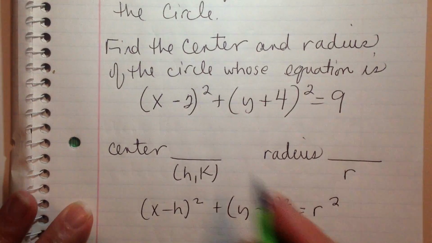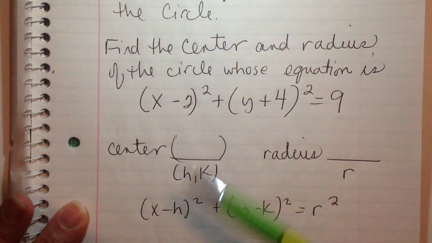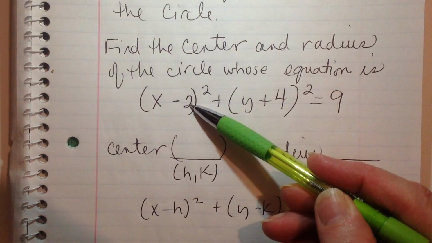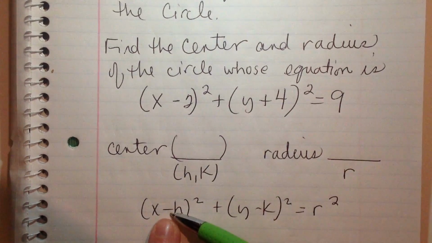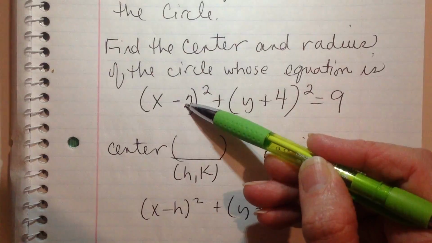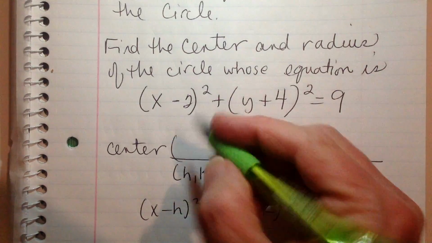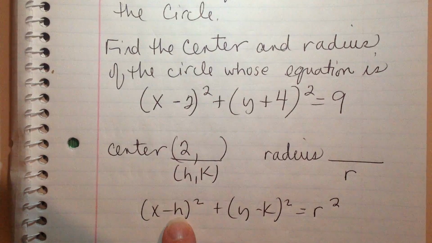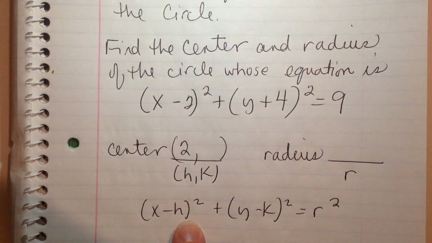Now, remember what I just said. When a number is plugged into the formula, it changes to its opposite because of the minus sign. So if I have negative 2 in my formula, when it comes out, it really is positive 2. Because if you plug in 2 into this formula, it would become x minus 2.